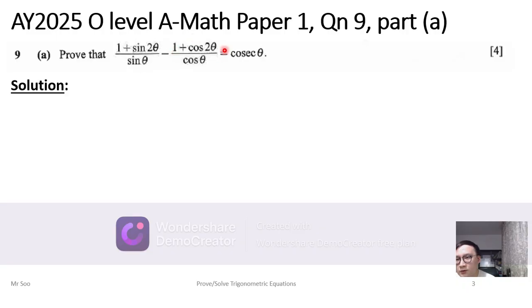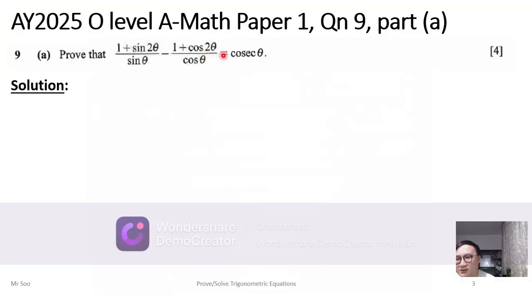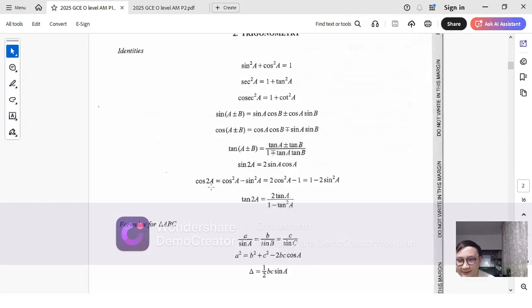And then you look at our friend here, cosine 2 theta. Actually, this 1 plus cosine 2 theta goes together. Because for cosine 2 theta, as I said just now, you have three different expressions, and all three of them are identical; which to use depends on the nature of the question. Cosine 2 theta can be equal to cosine squared theta minus sine squared theta, or 2 cosine squared theta minus 1, or 1 minus 2 sine squared theta.